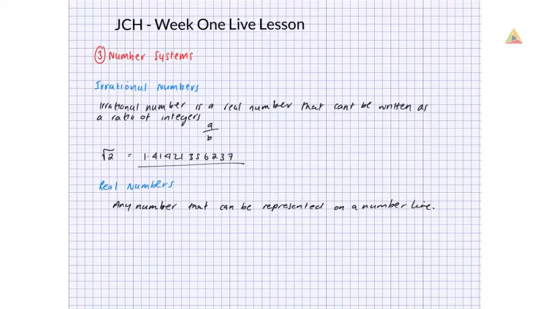Now I'll give an example of that. So an example of a real number would be minus 1.5, 2, 2.5. So just to show you how I'd represent that on a number line.